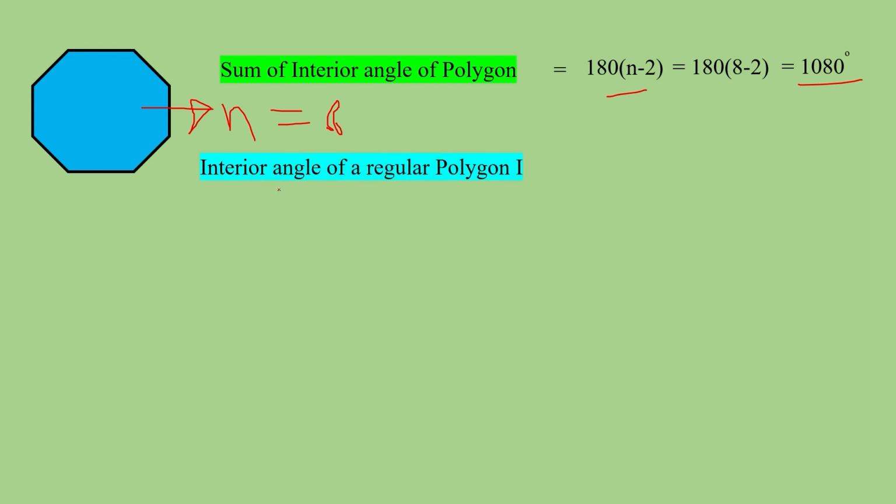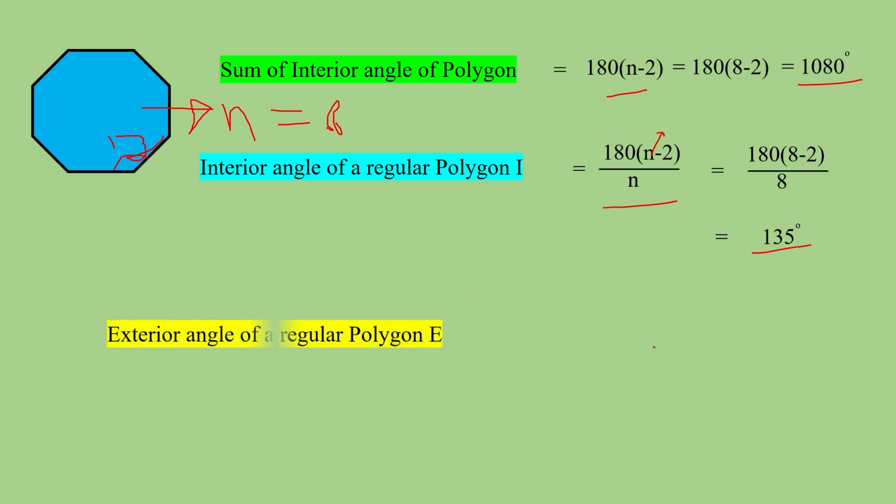If you want to calculate the interior angle of the polygon, by using this equation, we put 8 in place of n. So we get 180 in bracket 8 minus 2 upon 8. Finally we get 135 degrees, which is the interior angle of this polygon.